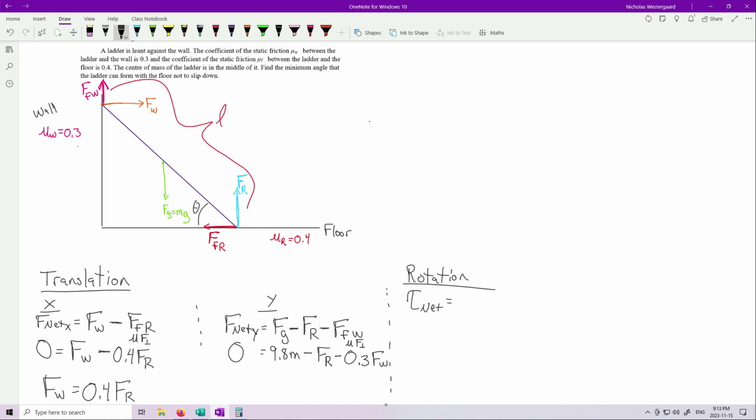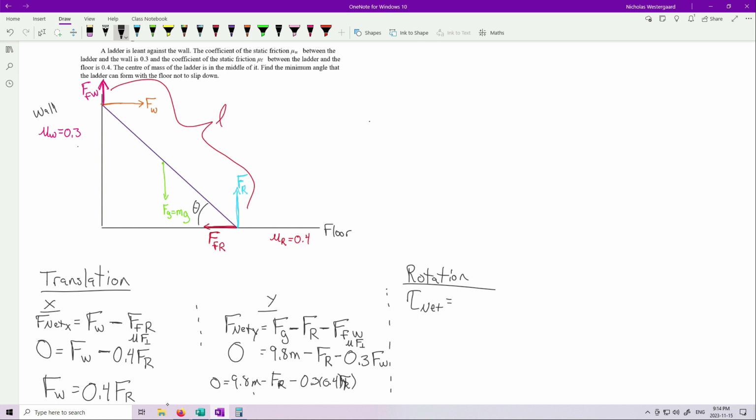Looking at my translation, this is actually going to help me figure out. Notice I have Fw in terms of Fr. I can substitute Fw in here, and so I can have 0 is equal to 9.8 m minus Fr minus 0.3 times 0.4 Fr.